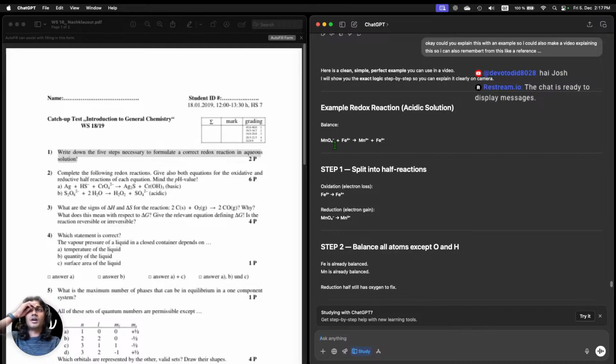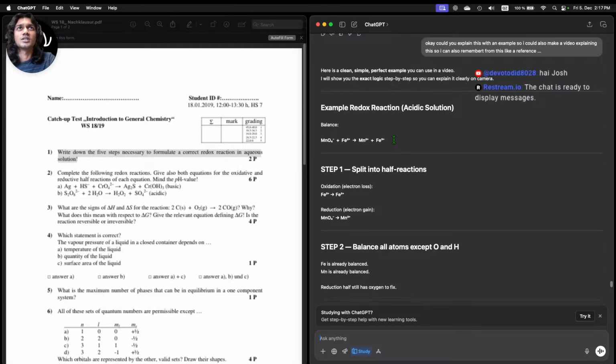Magnesium. Quadroxide? What's O4? Plus Fe2 plus gives Mn2 plus and Fe3 plus. You know what? I'm gonna put that there.